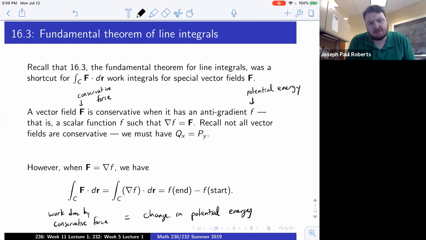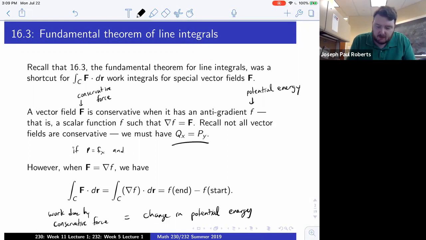And so our test that we talked about for conservative vector fields was, if you think about Clairaut's theorem, it's pretty clear that if P is little fx and Q is little fy, that's what it means for P comma Q to be the gradient of little f, then Clairaut's theorem tells you that fxy and fyx are the same, and so Qx and Py have to be the same.